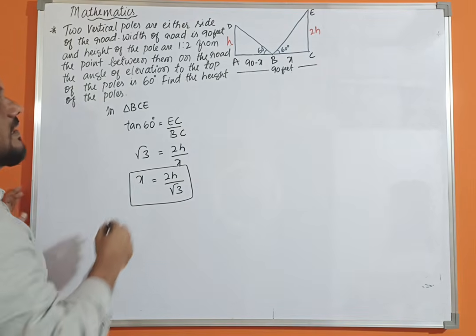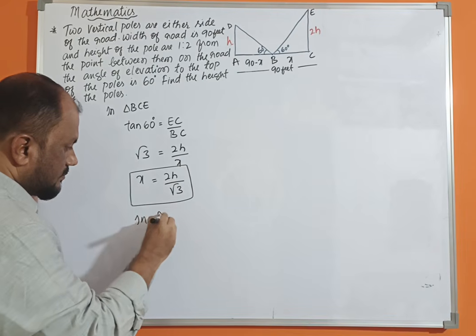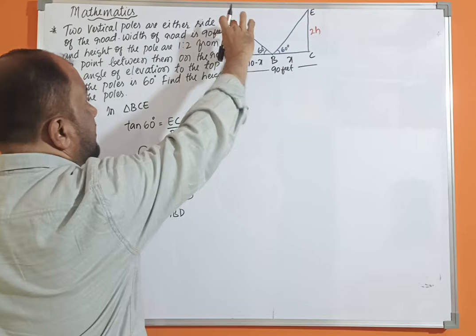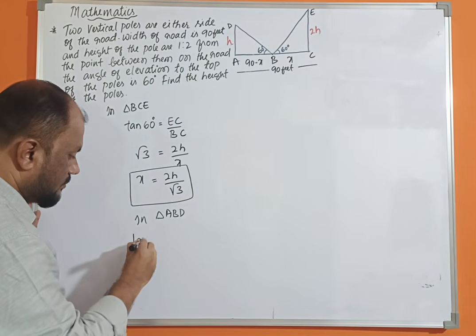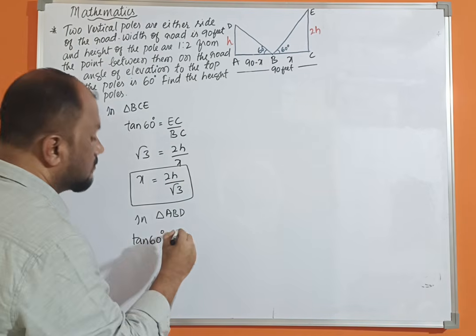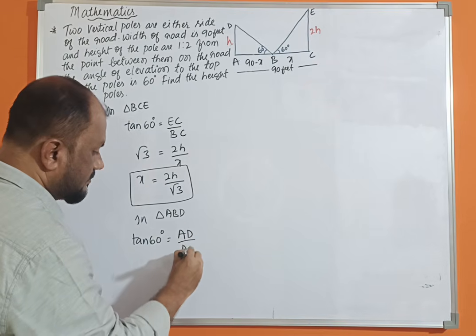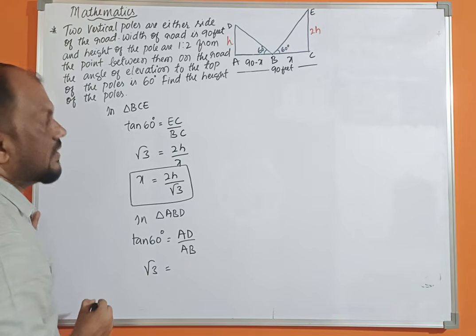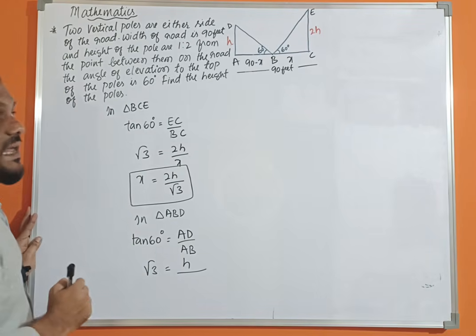Now take triangle ABD. Here also H is there, and 90 minus X, opposite by adjacent only. Tan 60 is equal to opposite AD over adjacent AB. Tan 60 is root 3, is equal to AD, which is H, divided by AB.